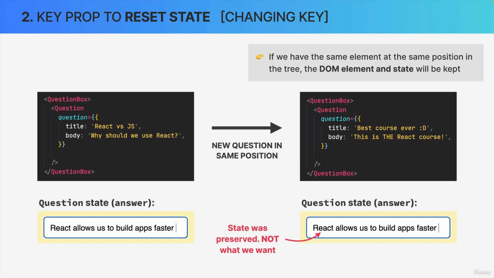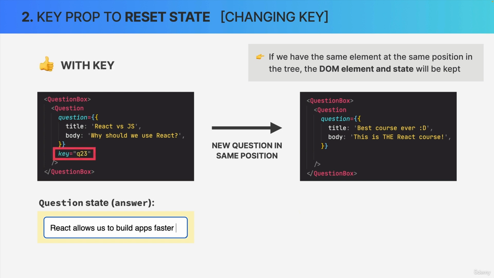So it will still show the answer that was in the component state before. But that answer is of course completely irrelevant to this new question, right? So it doesn't make any sense to keep this state around here. So basically what we need is a way to reset this state. And as you can guess, this is where the key prop comes into play once again.